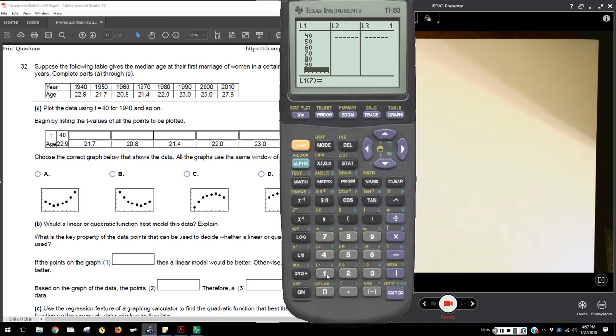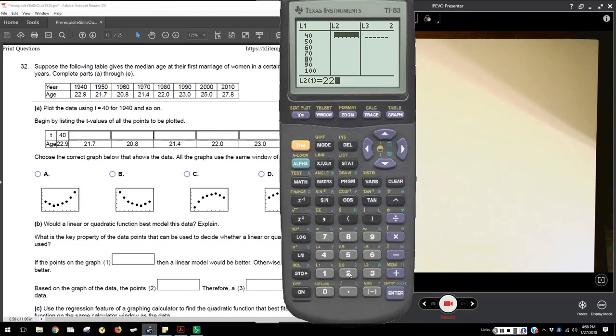I'm actually going to be putting in 100 because 40 for 1940 means it was 40 years after 1900. So in 2000, it was 100 years since 1900. And then 2010 is going to be 110.